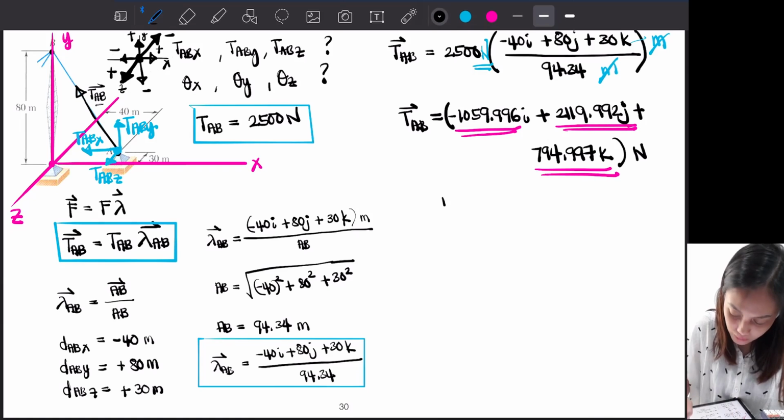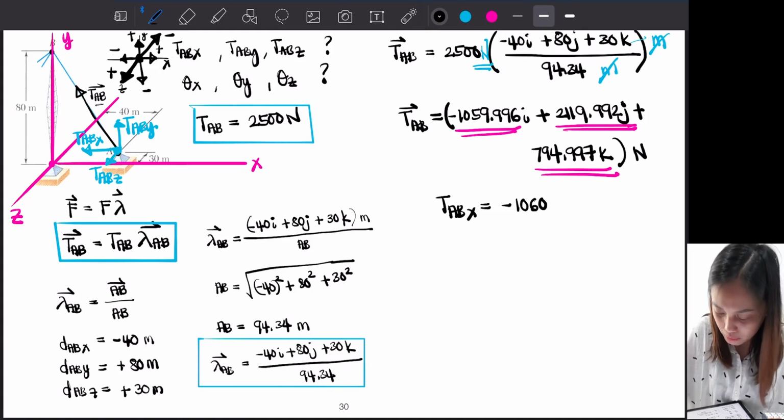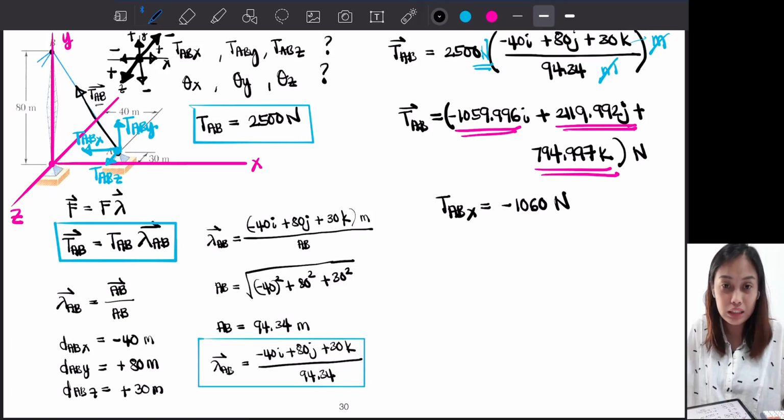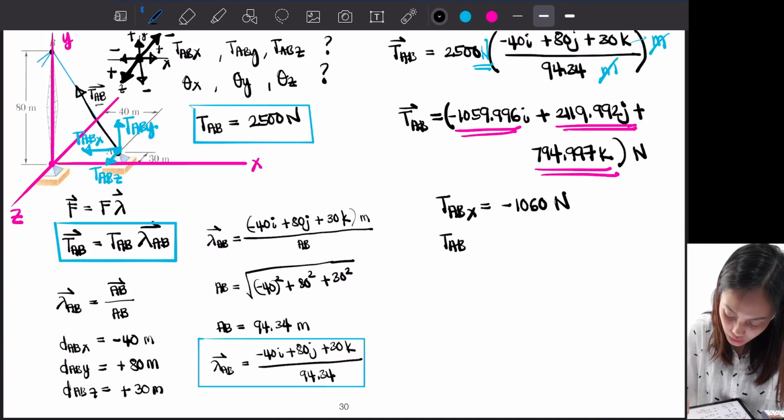So we can say TABx is equal to negative 1,060 newtons as a scalar value, or as a vector value, 1060i. TABy, the y component of the vector force TAB, is 2120 newtons.